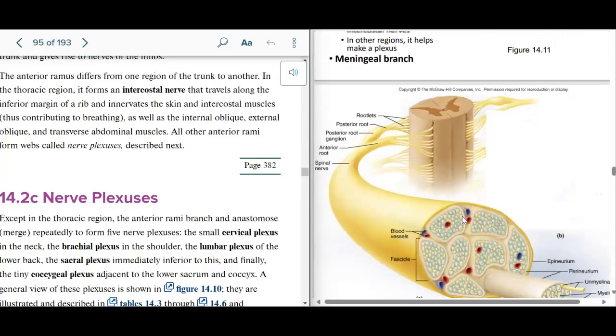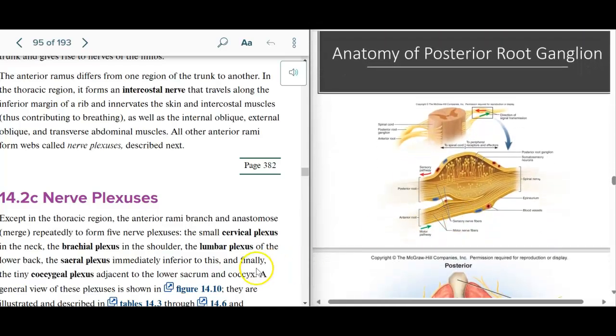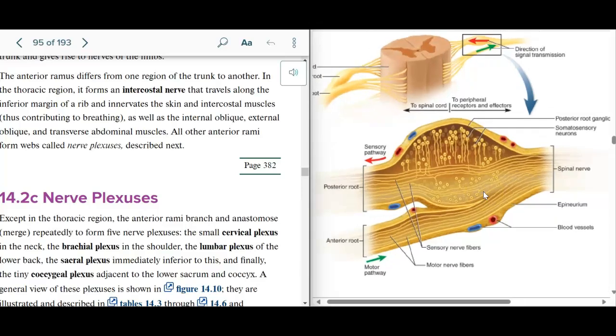So we just looked through these two diagrams. This is showing a close-up of what we have happening here. So here's our anterior root, our posterior root. So this is a motor pathway, which means movement, and then we have a sensory pathway.